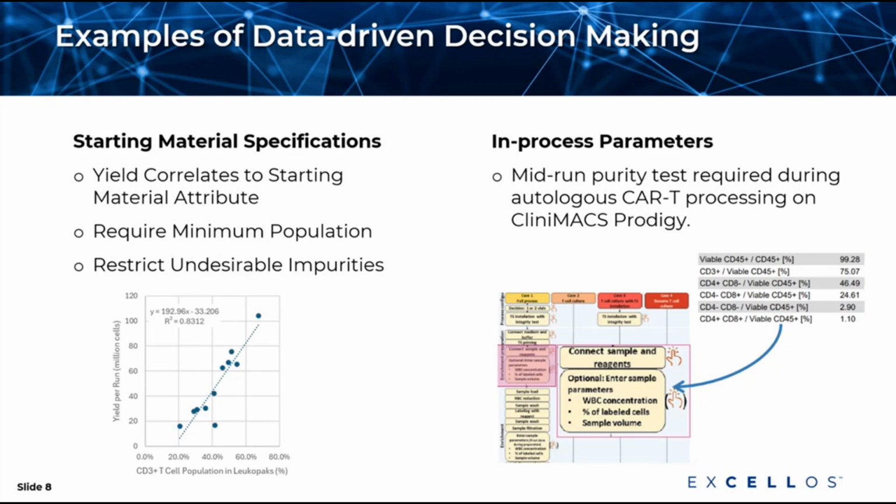The starting material specifications on the left is something that we think needs to be implemented more and more, whether it's what we're going to show here for our RUO manufacturing or for larger GMP manufacturing programs. Specifically, and probably rather intuitively, we're showing that an increase in the CD3 plus population in leukopaks does lead to an increase in yield per run in our hands when building a research use only CD3 plus T cell isolate.